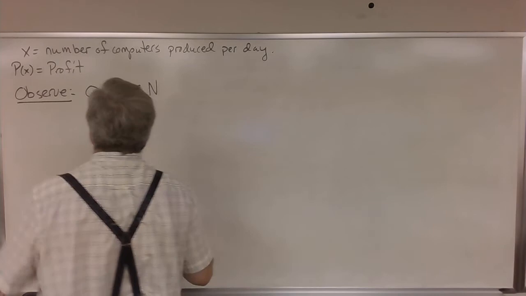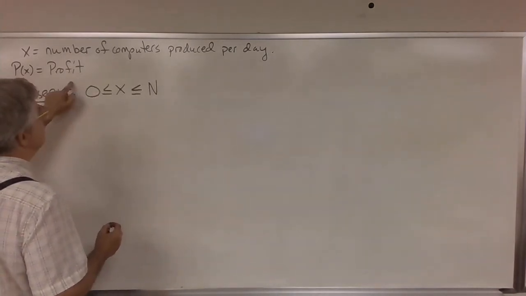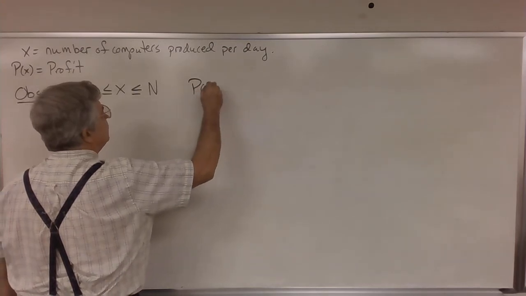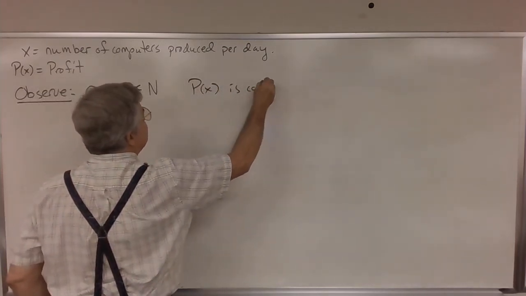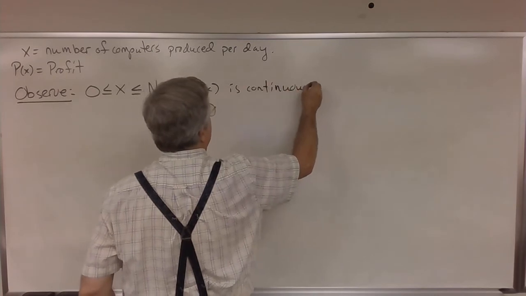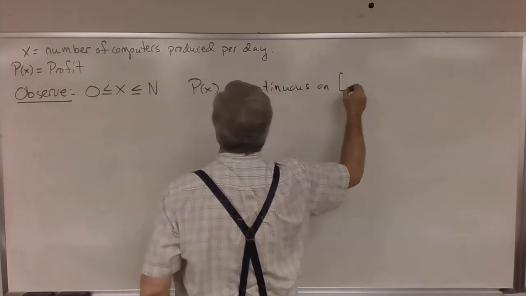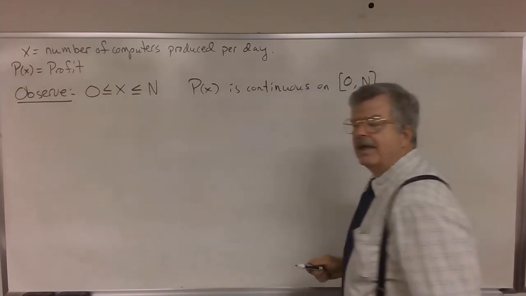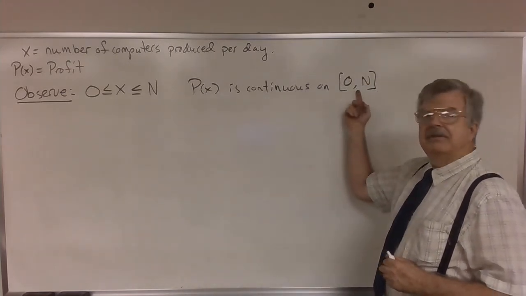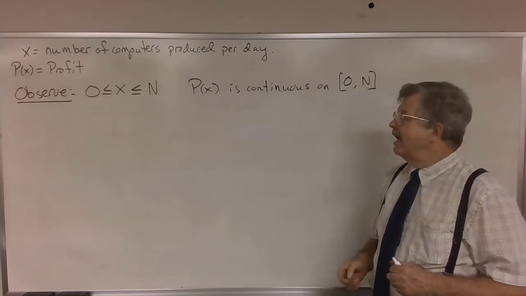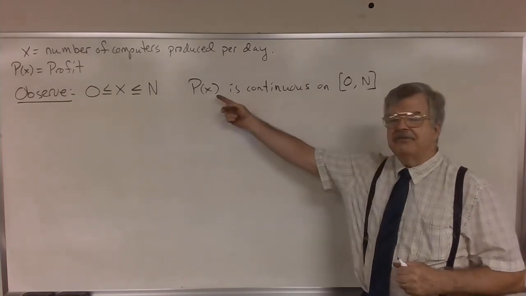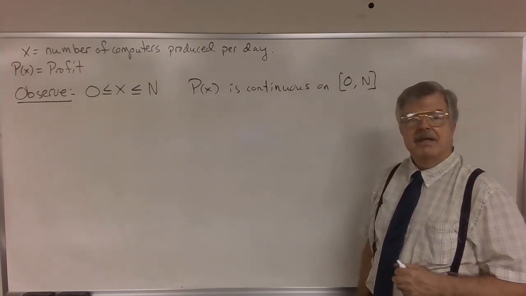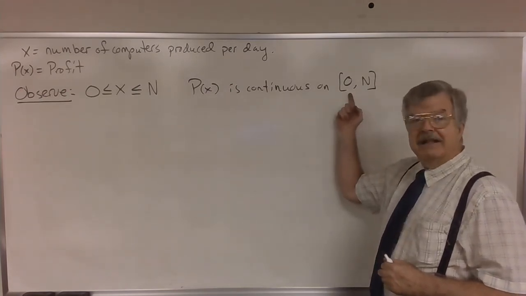So, we'll assume that our profit is a continuous function, and we'll say that P of X is continuous on the closed interval 0 to N. And all of a sudden, this makes a lot of sense. I've restricted my function to a closed interval of finite length, but this models reality perfectly.